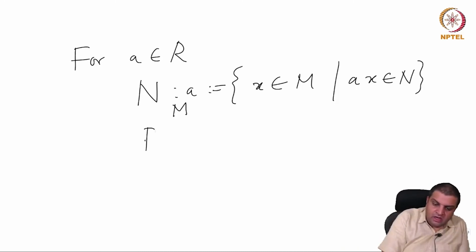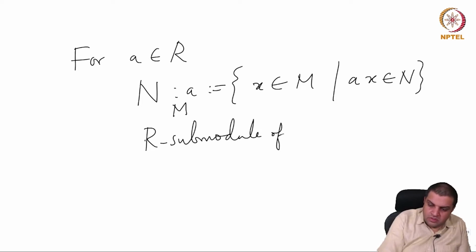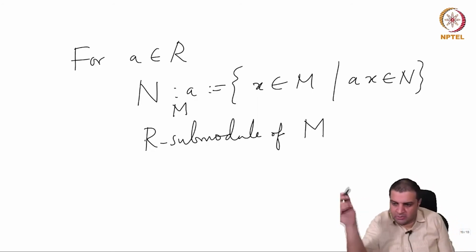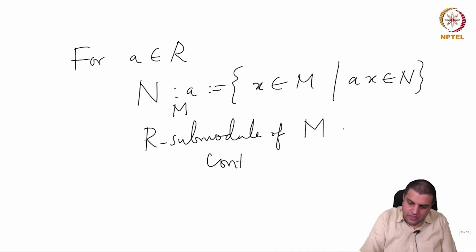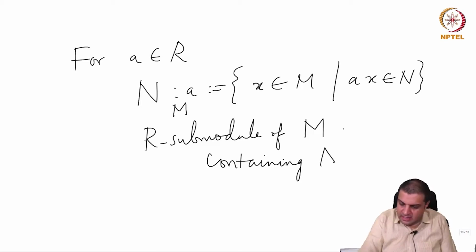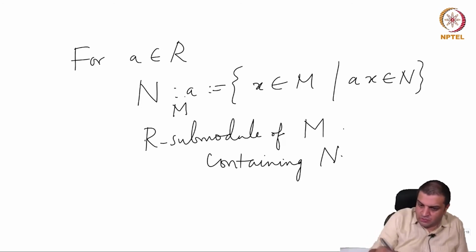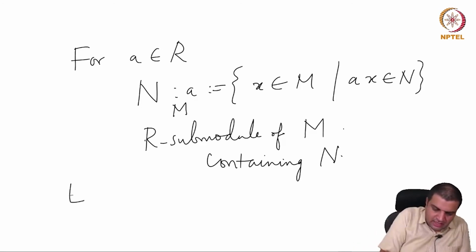So this is an R submodule of M. M is a bigger module, and this is an R submodule of M containing N. So if x is inside N, then ax is also inside N. And we can also do this for an arbitrary subset, okay. So I will not write it. It is the same idea.